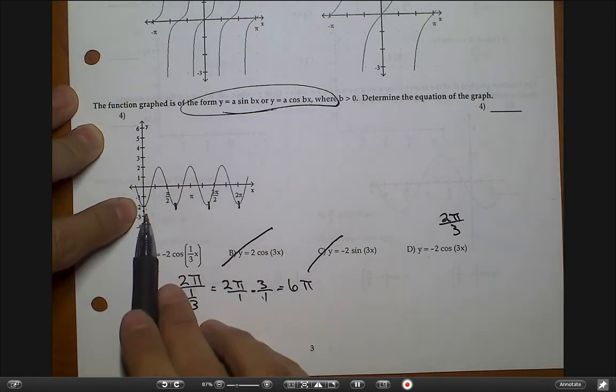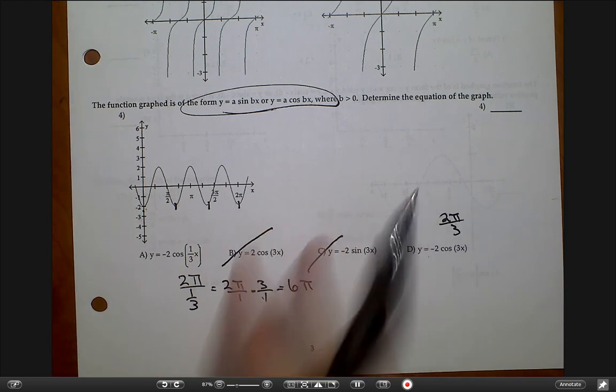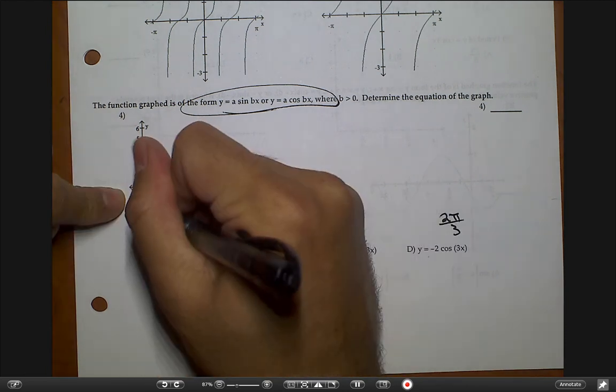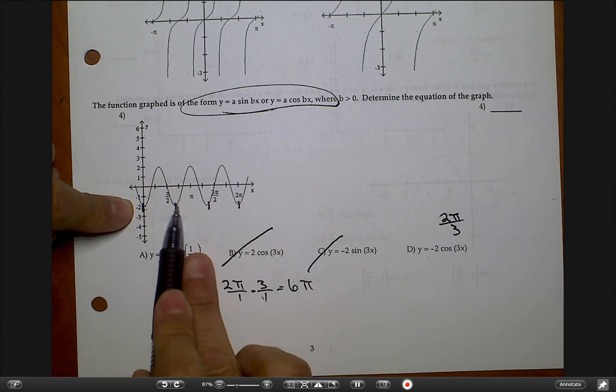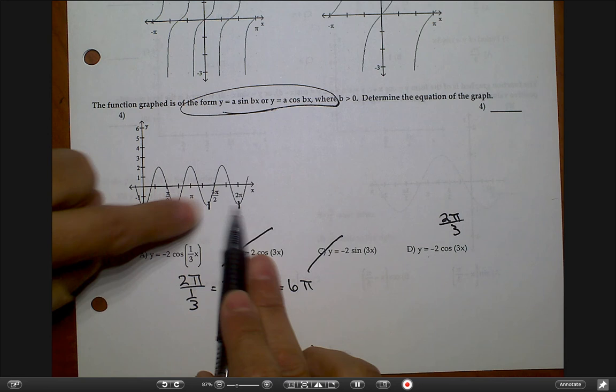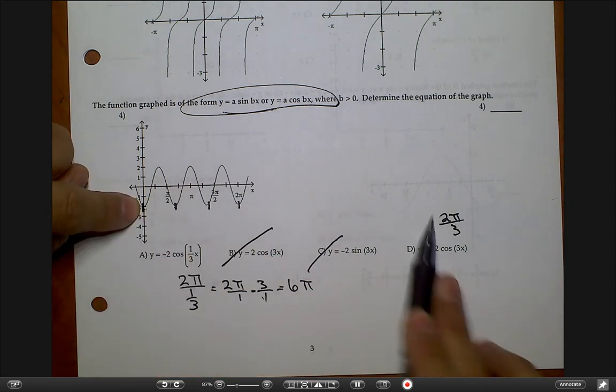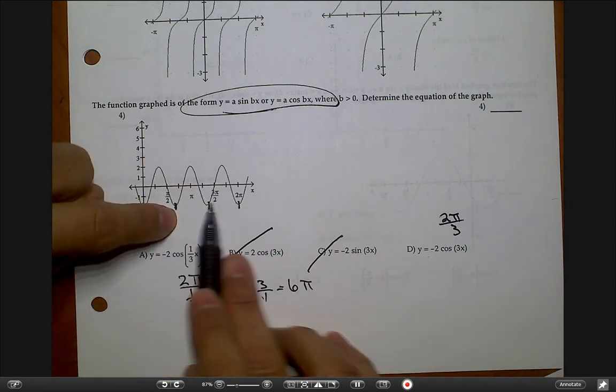Okay, so you know what a period is, right? How far is it start to finish? So if it starts right here at 0, it's going to finish right here, right? Okay, same thing here. There's another one, start to finish. Another one, start to finish. So every 2 pi over 3, it finishes a whole period.